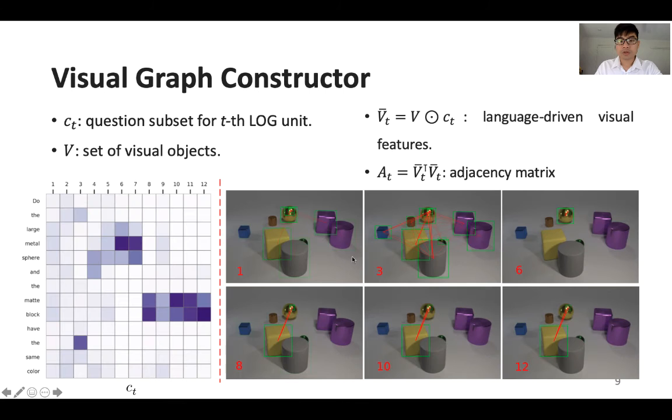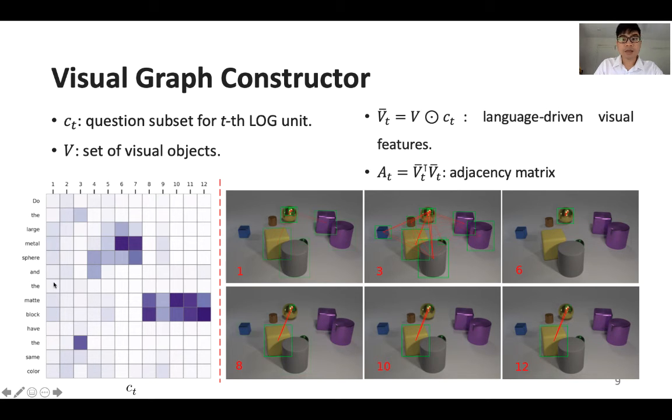Here is how we build a visual graph. Nodes are visual objects, and edges are calculated by the similarity between objects by an outer product, as presented here.